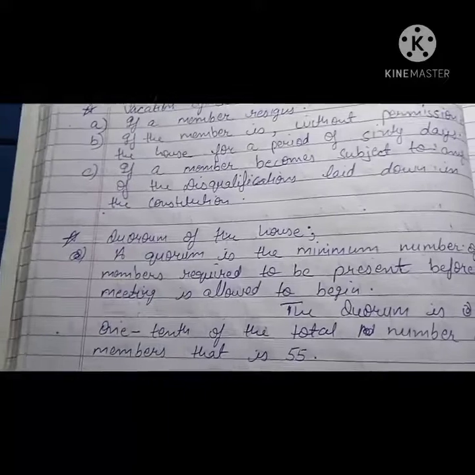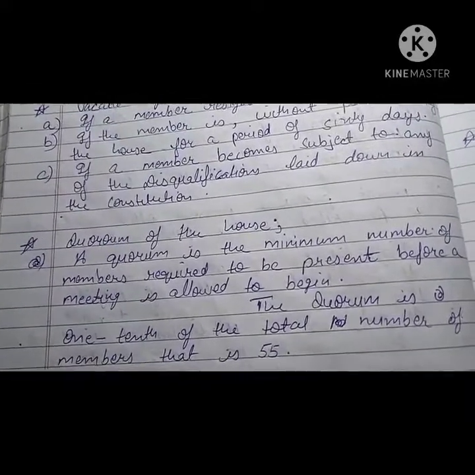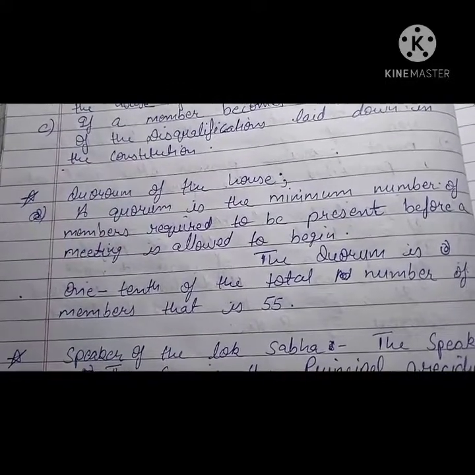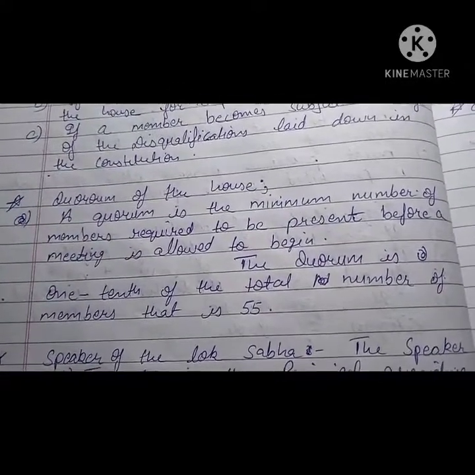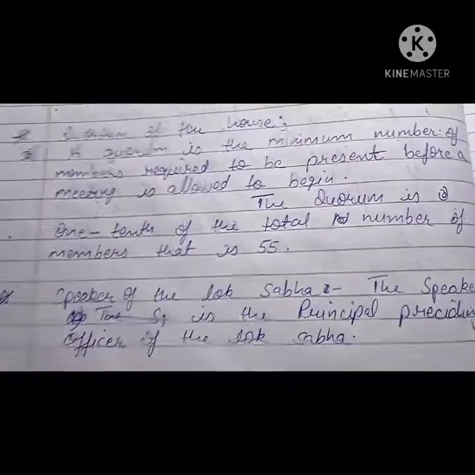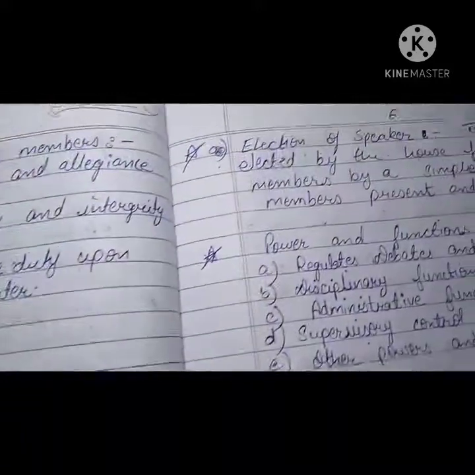Quorum of the House: the quorum is the minimum number of members required to be present before a meeting is allowed to begin. The quorum is one-tenth of the total number of members, that is 55. Speaker of the Lok Sabha: the Speaker is the principal presiding officer of the Lok Sabha.